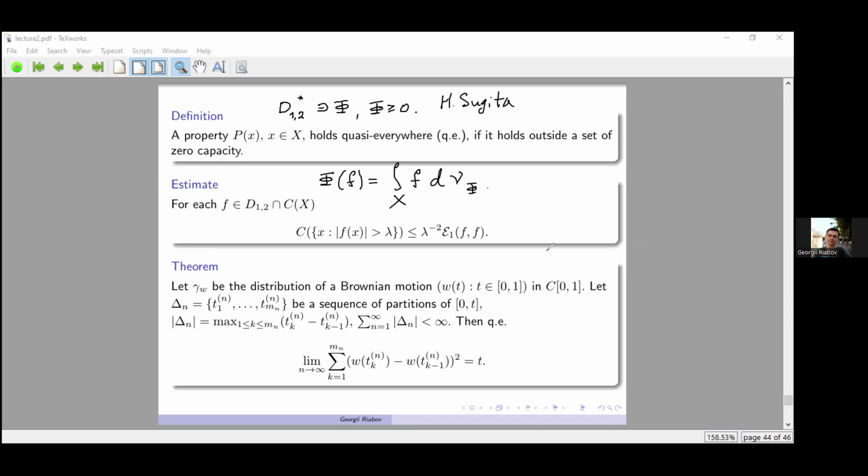And it can happen that this measure is singular with respect to the initial Gaussian measure gamma. However, this measure nu doesn't charge sets of capacity 0.